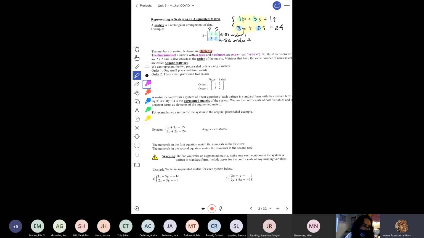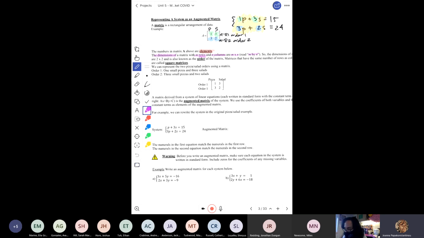So the dimensions of a matrix is the number of rows by the number of columns. You write the number of rows first, then you write the number of columns. It's like talking about the dimensions of a room, right? The dimensions is the length by the width. So in terms of matrices, the number of rows first, then the number of columns.